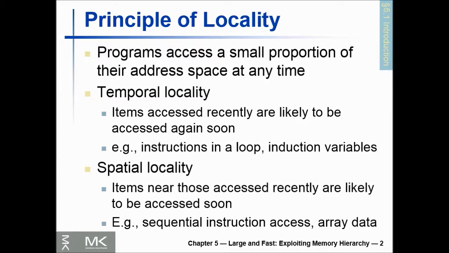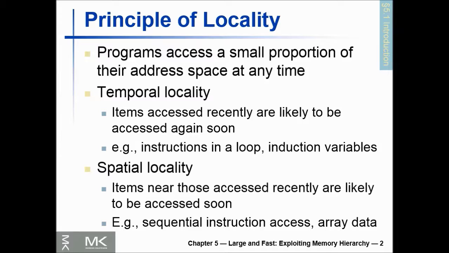There are basically two different types of locality, that is temporal and spatial. Number one, temporal locality means if an item is referenced, it will tend to be referenced again soon. For example, instructions in a loop, induction variables, etc. And the second type is spatial locality.